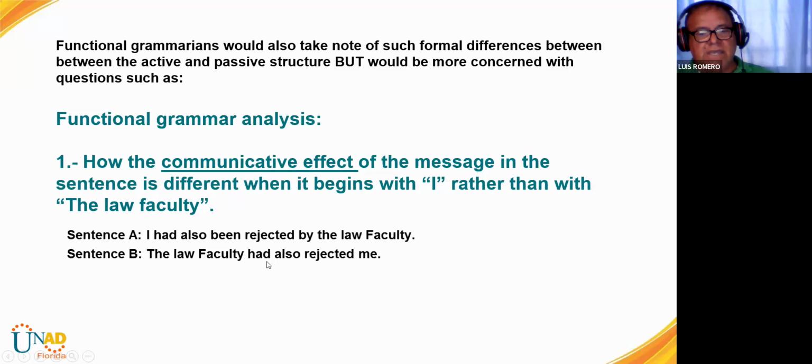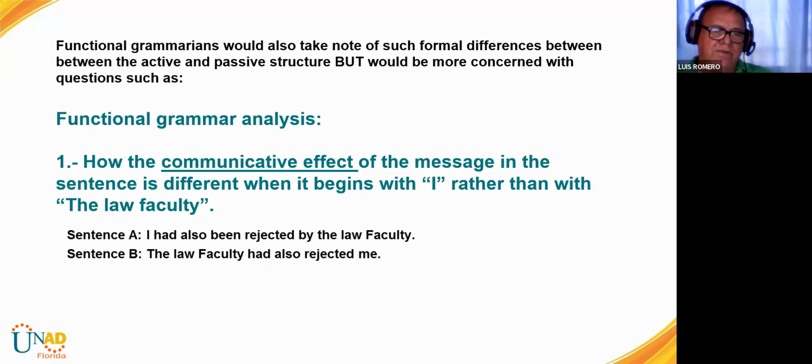So we have to take into consideration the purpose of the writer to place the law faculty at the beginning of the sentence and not the personal pronoun I. These aspects are studied by functional grammarians.